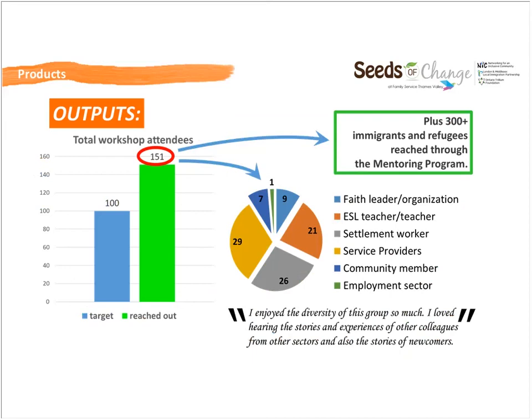But I also want to mention that our mentees were also trained with the full Train the Trainer for the faith leaders and teachers and settlement workers. And they went out with the pamphlets, and they trained another 300 or more immigrants and refugees just about mental health, addiction, stigma, where to find help, and where to find support.